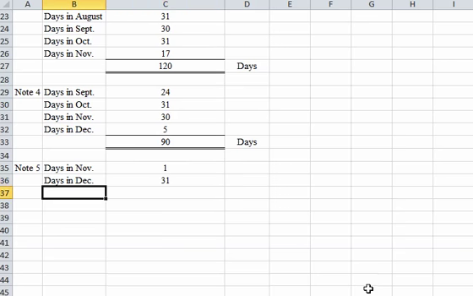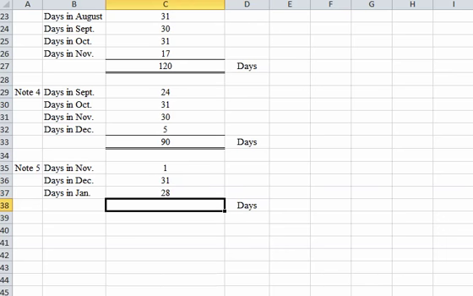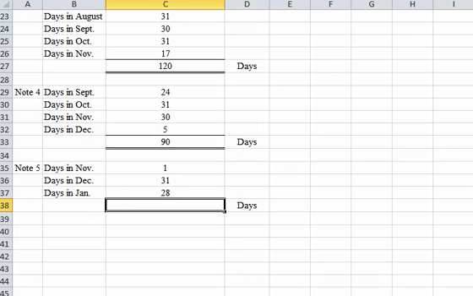That gets us to 32. So days in January. Well, we're going for 60 total. So equals 60 minus the days we've already picked up, 32. This is 28 days in January. And that should total back to 60, and it does. So our due date for note 5 is January 28th.